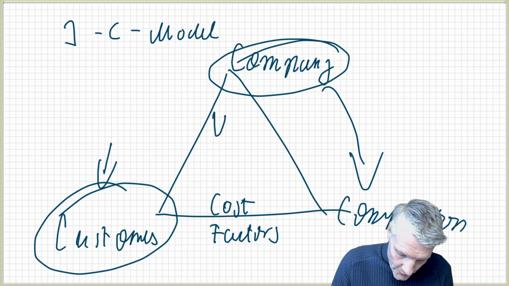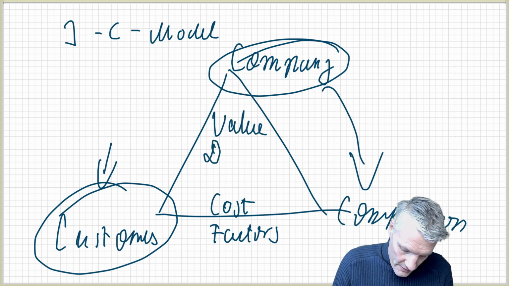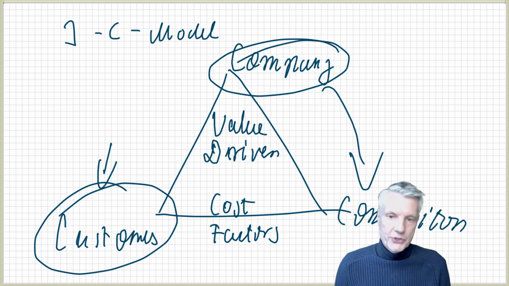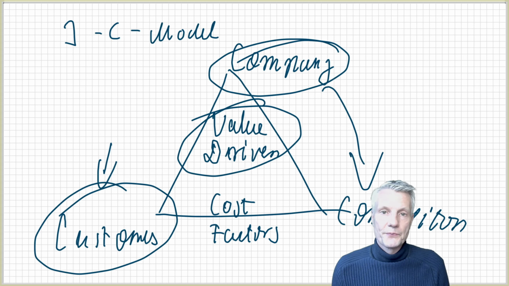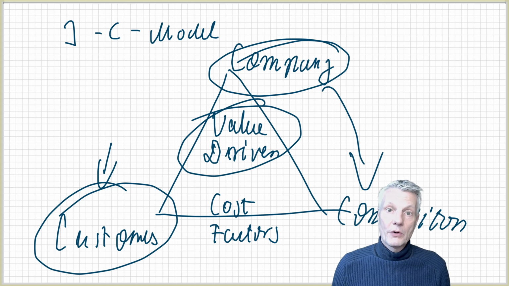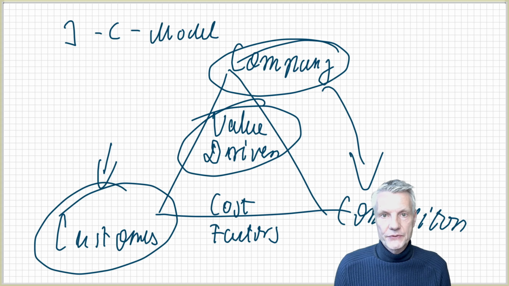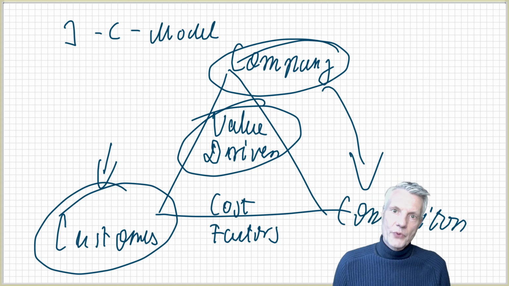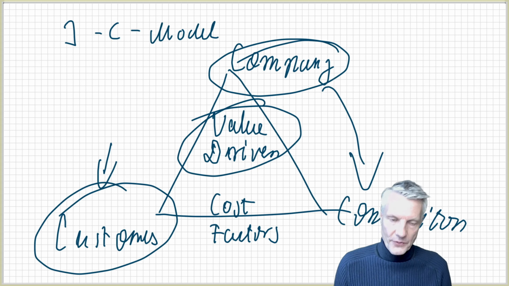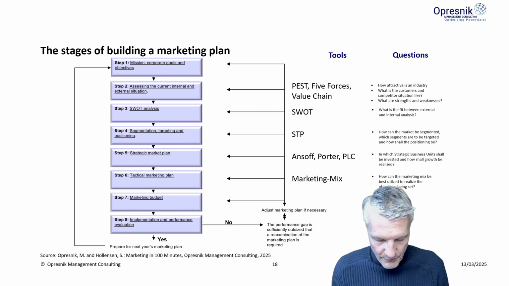I can also have an advantage via so-called value drivers. A value driver is, for example, a strong relationship I have, or a strong brand, or a quality perception. So the 3C model helps me to identify strengths and weaknesses, because a strength is only a strength if it is an advantage compared to competitors as seen from the customer's perspective. That is very important to understand.